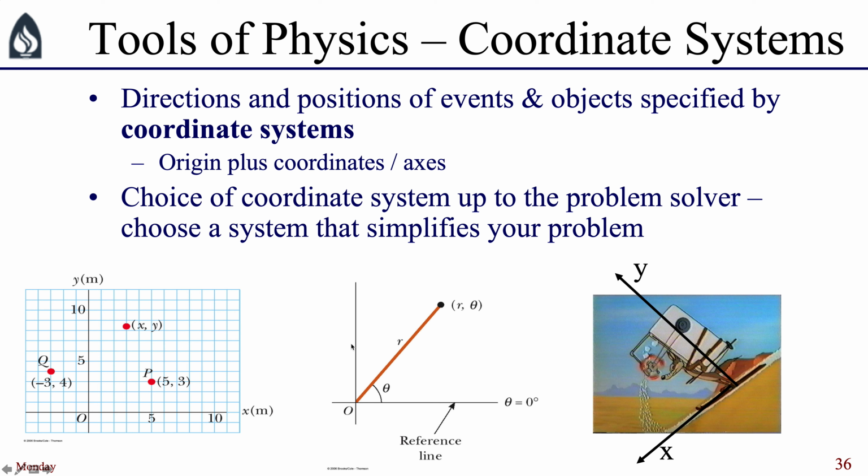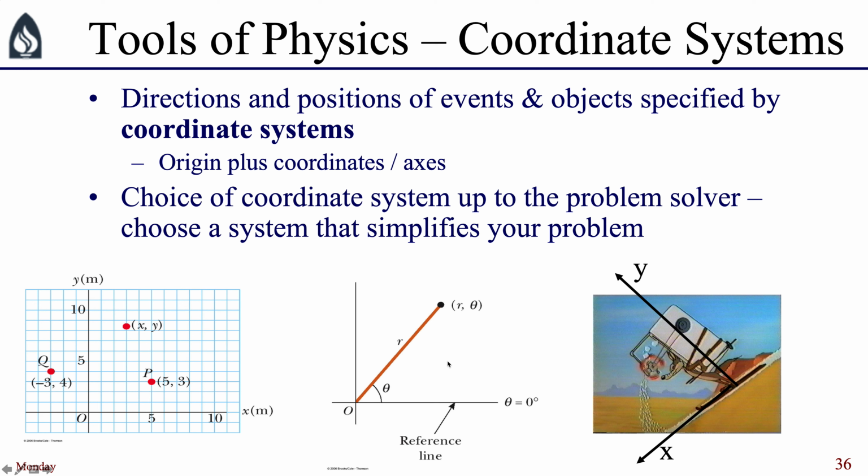So for example, many problems will be solved using a Cartesian coordinate system, where you have x and y axes, and objects are at locations specified by x and y coordinates. Now later on in this semester, we'll be looking at rotating objects. For rotating objects, a useful coordinate system is one where we have some sort of reference line, and then the positions of things are given as a distance from the origin as well as an angle from that reference line.